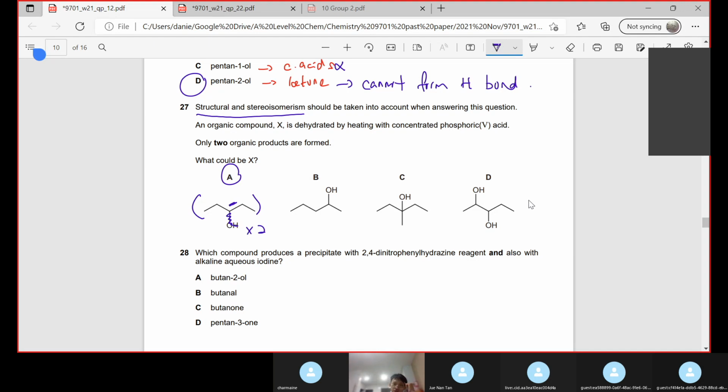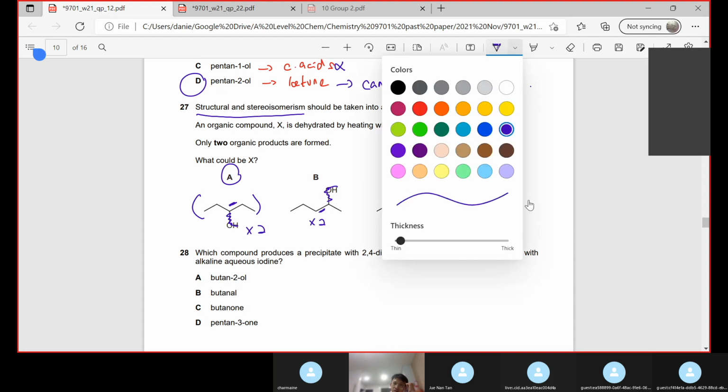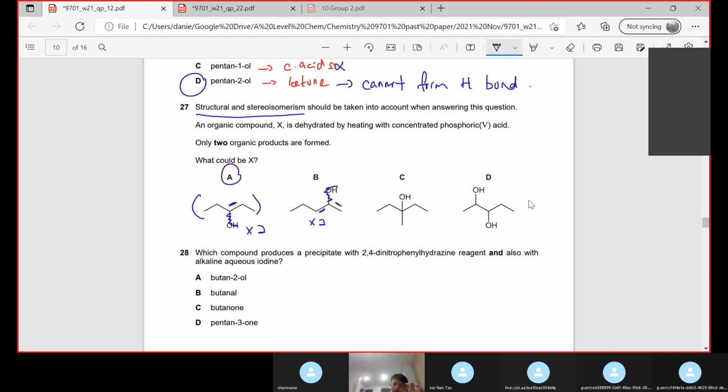Then B is different. For B, the double bond can form at the left. Then we will have cis trans, so two products. Then another possibility is that it forms here at the terminal, so plus another one. 2 plus 1, we will have 3 products for B. Then for C, we can form the double bond here, no cis trans.